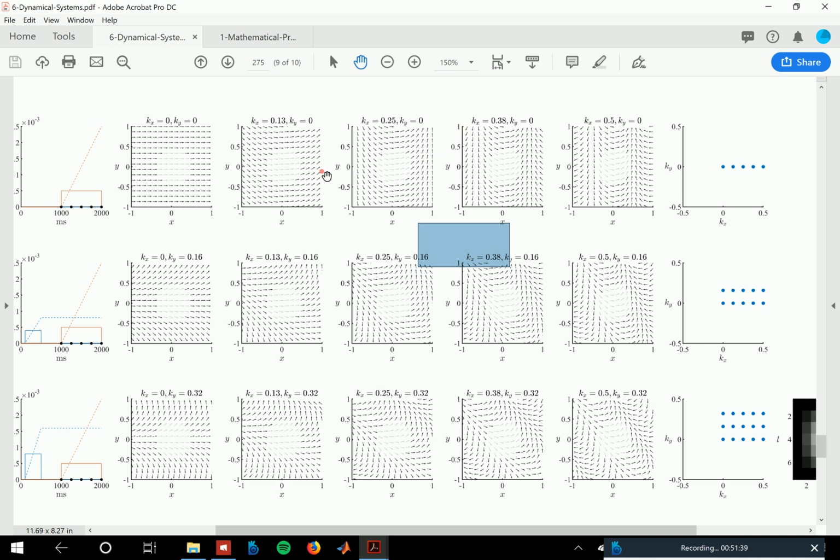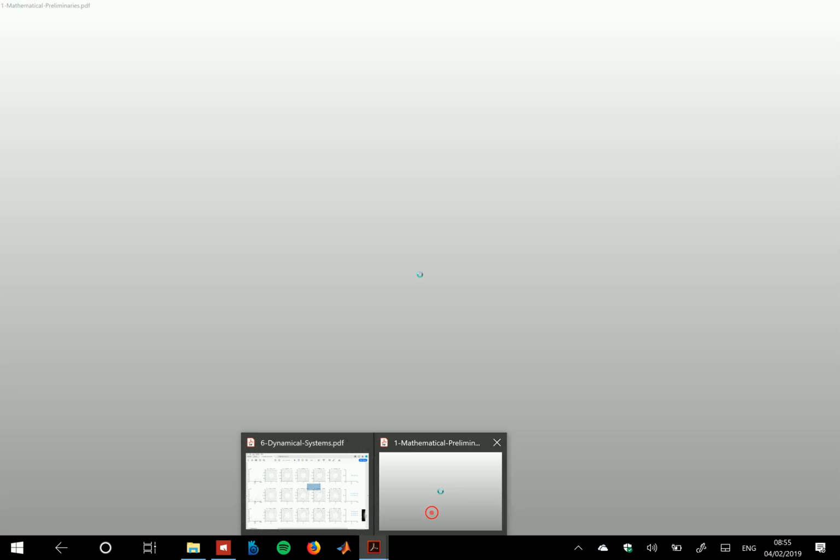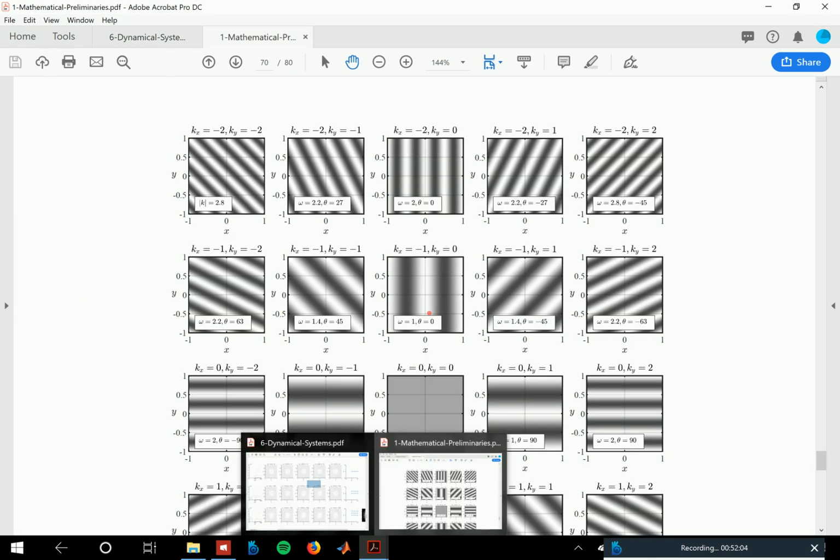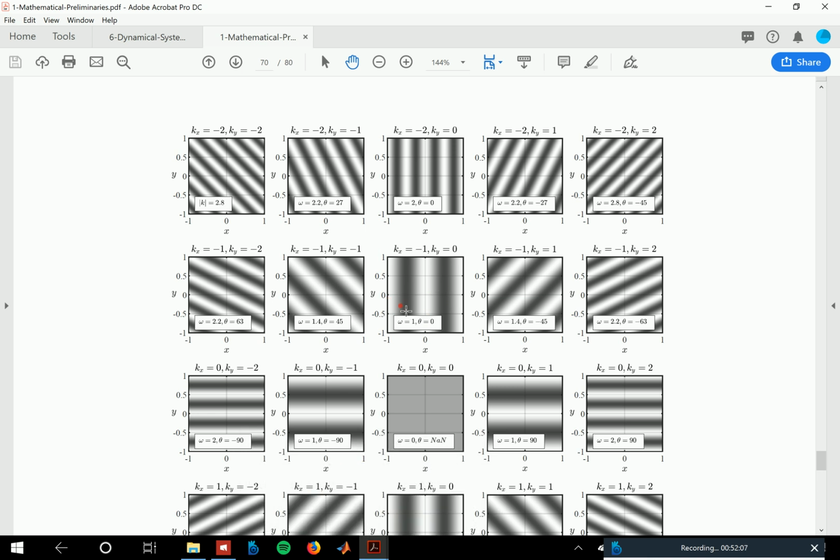The final thing is that the MR signal is then not a snapshot of all of this, but the product of each of these little arrows with the magnetization that is given by their color. So that in the end there's only a single value. The easiest way for me to understand this is that you imagine that this is a filter function which is put on top of the magnetization, and if there's some covariation between the filter and the image itself, then you get a high value, and if there's not much covariation, you get a low value.